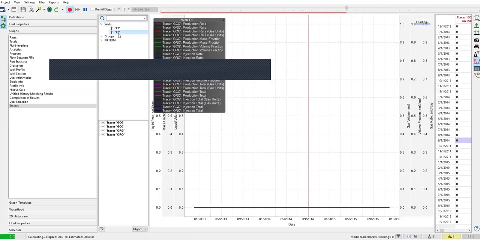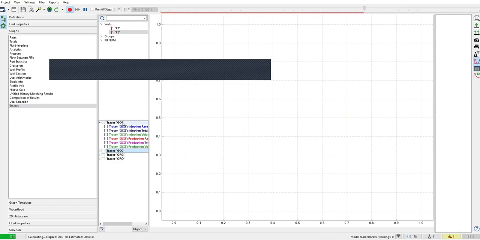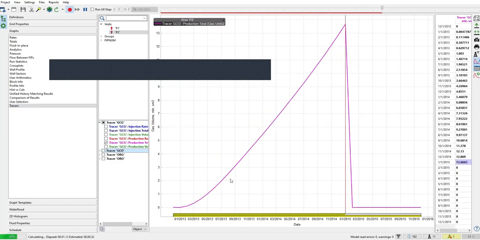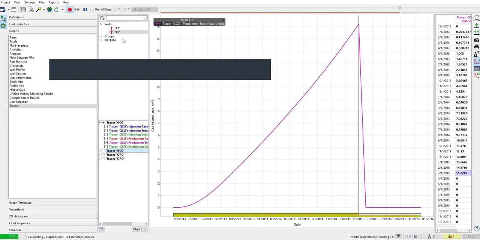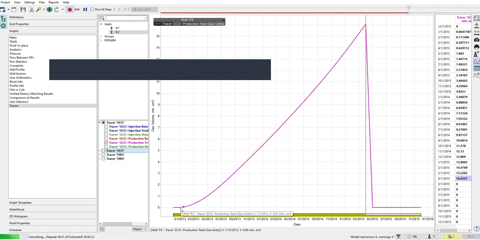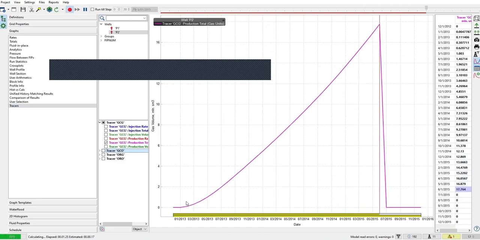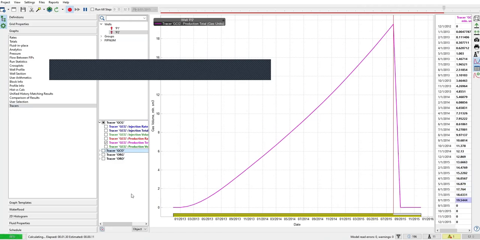So let's see the P2, uncheck everything, and then open the tree for the gas cap gas production. So you see, this is the production of the gas cap gas by the P2. You see the trend increases very quickly, which gives the indication of the breakthrough of the gas cap gas into P2.